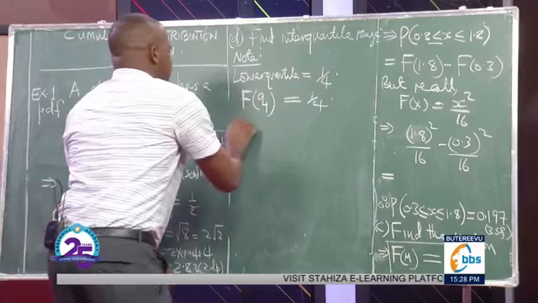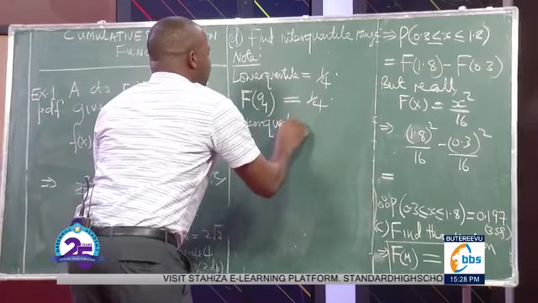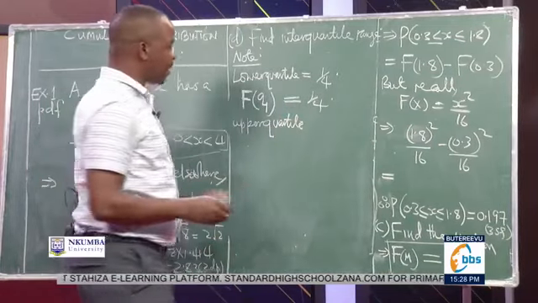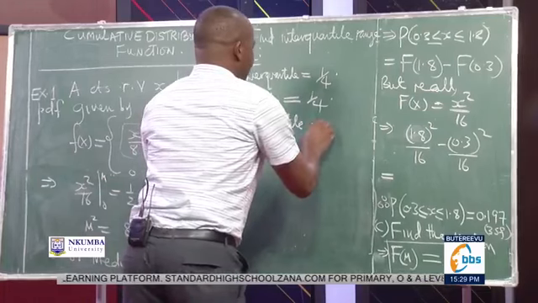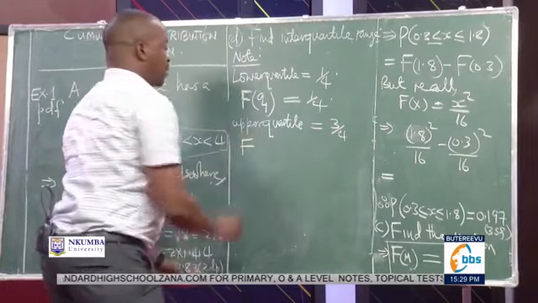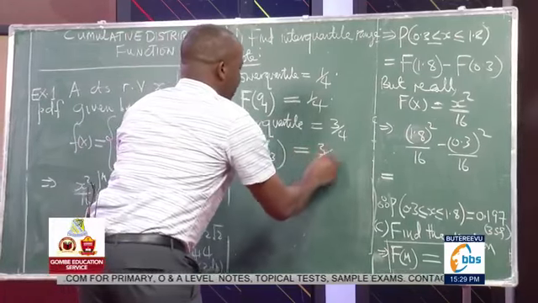The upper quartile, which we shall call 3 quarters, it's just a language mindset that students should note. This is 3 quarters, and therefore in our distribution function we call it Q3, and we equate it to 3 quarters.